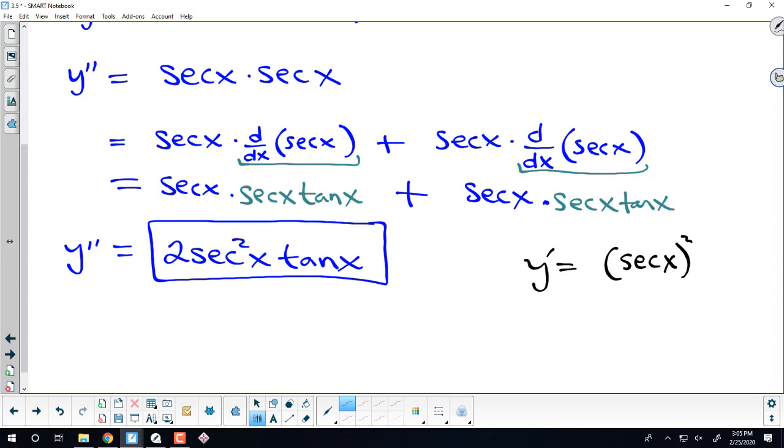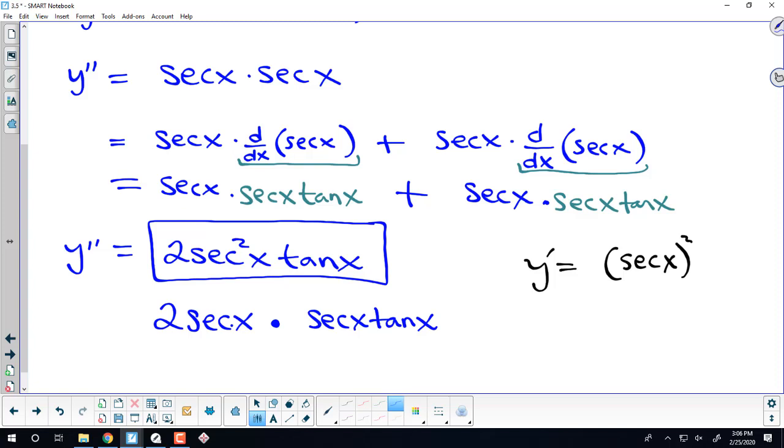So you can see the power rule is involved, right? We still have the 2 coming out, multiplying the secant squared, but it's a little more involved than that. So let's write it like this, just so we can start thinking about what has to happen. It's secant x times secant tangent, which is the derivative of secant, right? So we can sort of see the power rule here. When we asked what's the derivative of secant squared, it wasn't quite the power rule, because that would have just given us 2 secant to the first.